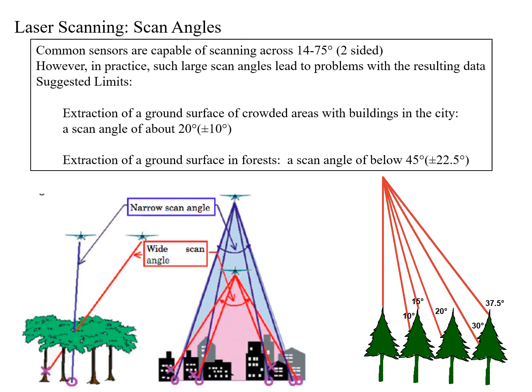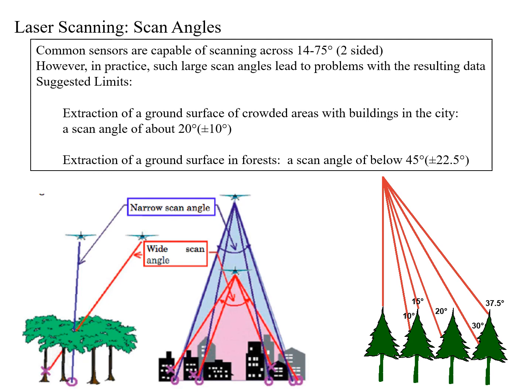So you want to keep those scan angles narrow enough that that effect doesn't overwhelm the other effects in the data. So if you wanted to extract the ground surface of crowded areas with buildings in the city, you can probably go up to a scan angle of plus or minus 10 degrees. If you're looking for a ground surface in, say, a coniferous forest, a scan angle of 45 degrees maximum, two-sided, is what you want to do.